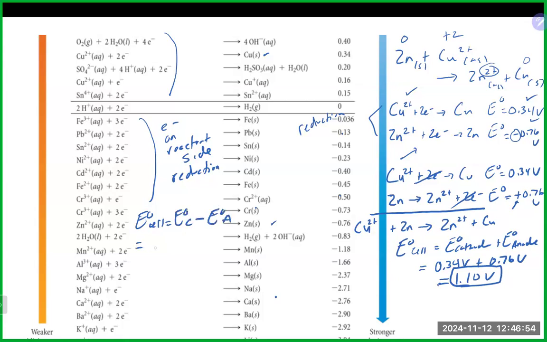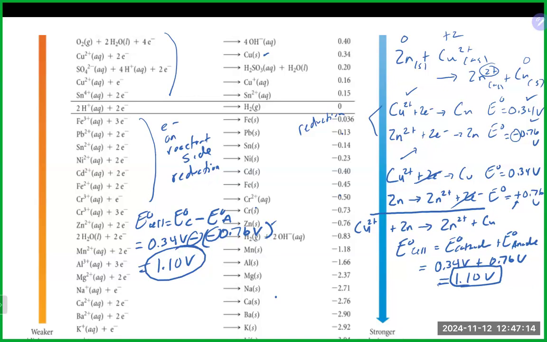And if I just want to know the voltage, I know that this guy's my cathode, 0.34 volts, minus my anode, which is minus 0.76 volts. Minus turns that into a positive, and you end up with 1.1 volts as well.